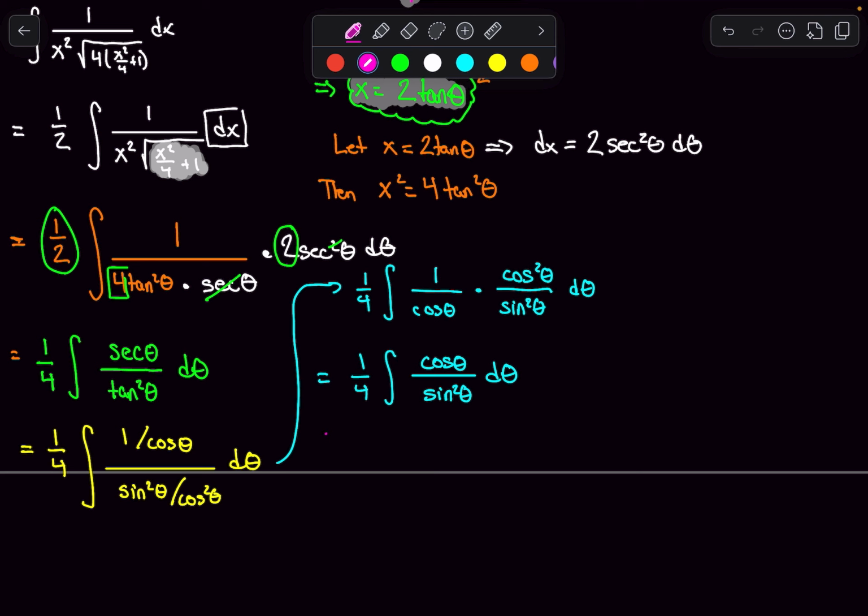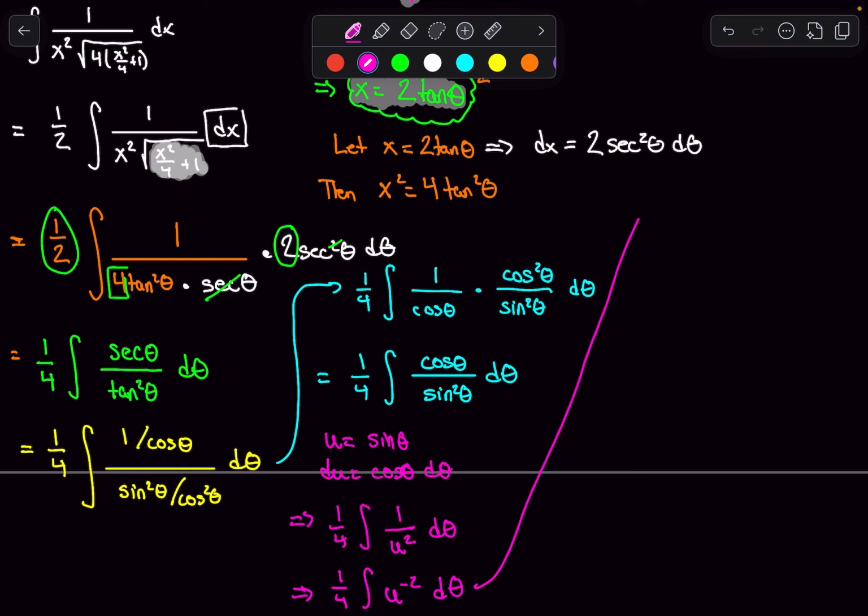This one just requires a u substitution where u is equal to sine theta, du is equal to cosine theta d theta. This turns our integral into 1/4 the integral of 1 over u squared du. That becomes 1/4 the integral of u to the negative 2 du.